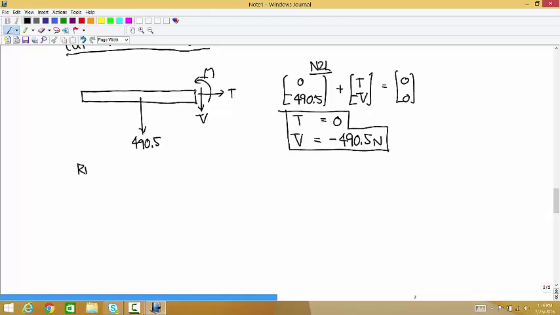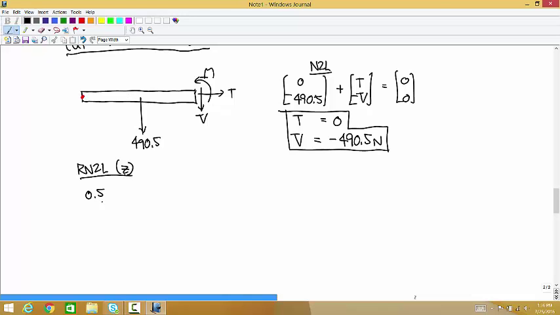And then the moment equation, this is the Z moment. If our about point is at the left, like always, what's the moment arm of this 490.5? The whole thing is 1. So this is 0.5, because we're just looking at the left half.